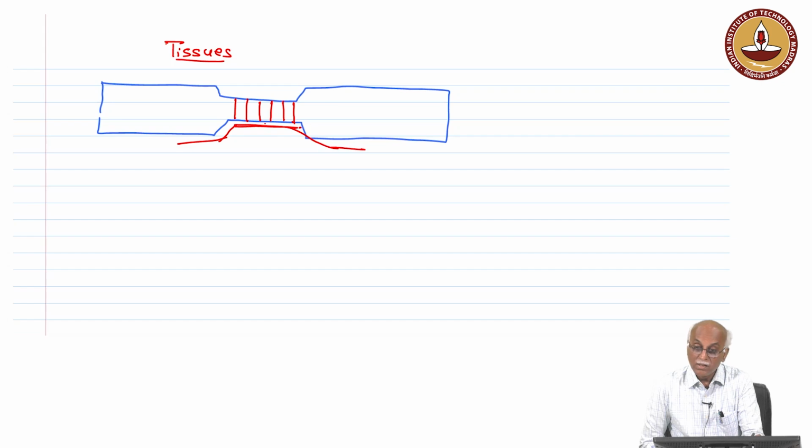There will be some bonding coming into the picture as well. Bonding is required between the optical fiber and this tissue structure. So, there will be some bonding coupled with it, and then the light transmission will happen through the tissue structure. So, this is the way Bragg grating structures are used for such purposes.